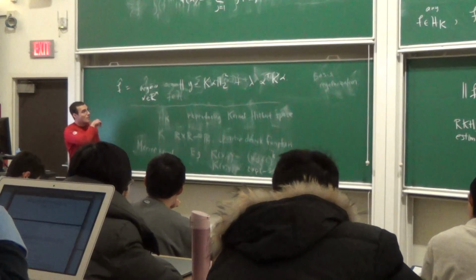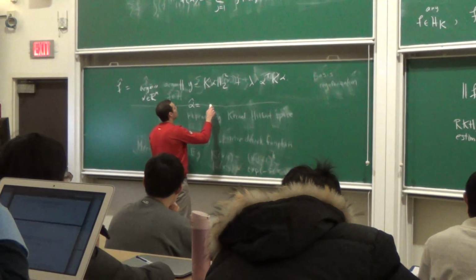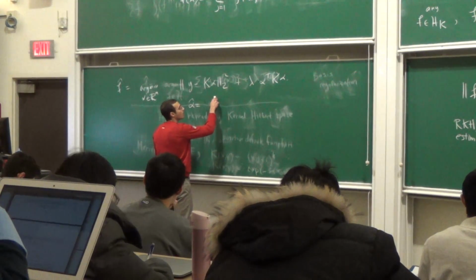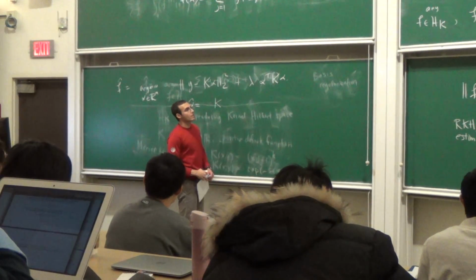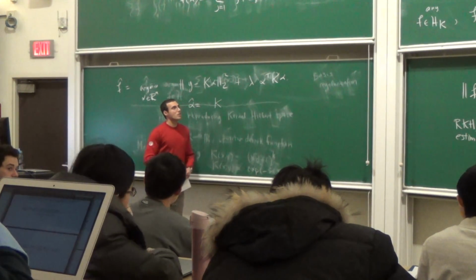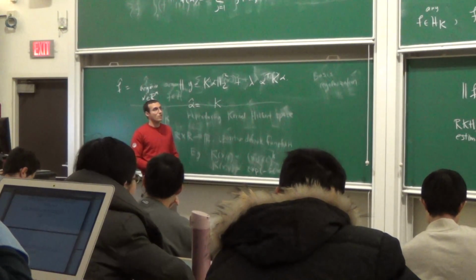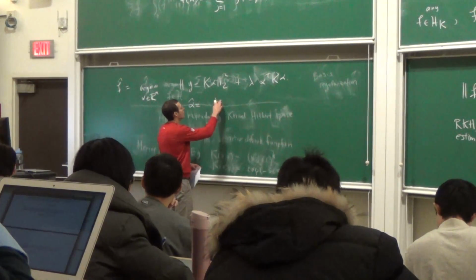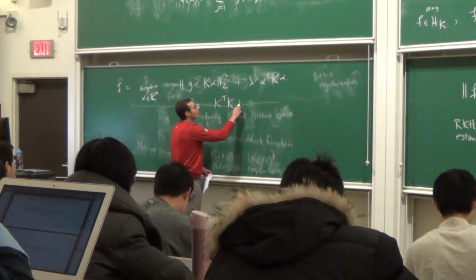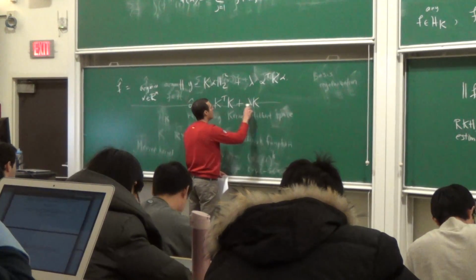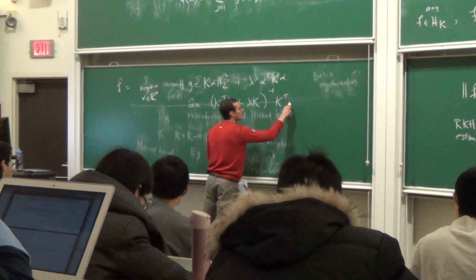Same matrix K. So the solution, alpha hat, is... So when I say positive definite, it's implied, by the way, that the function is symmetric. That's part of the definition. So I get the solution to this is (K transpose K plus lambda K) inverse K transpose y.